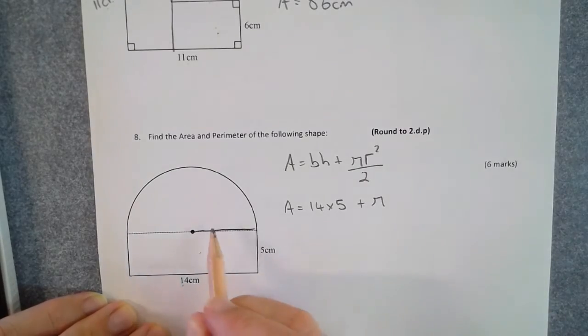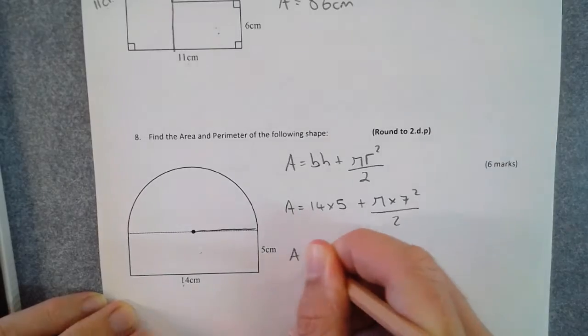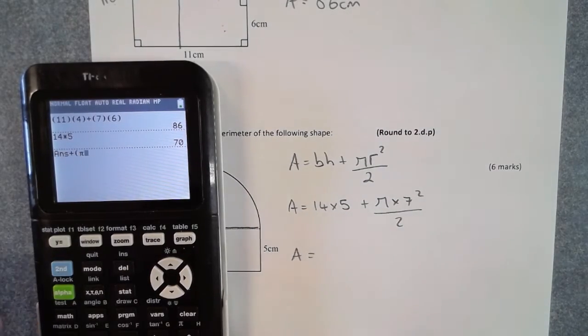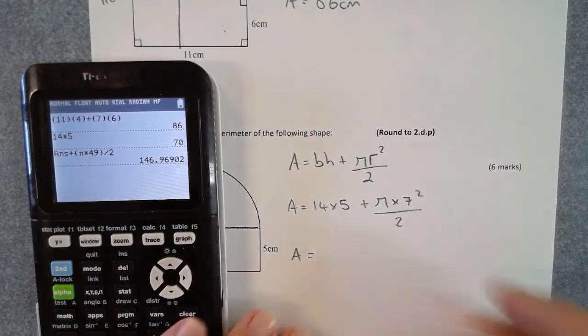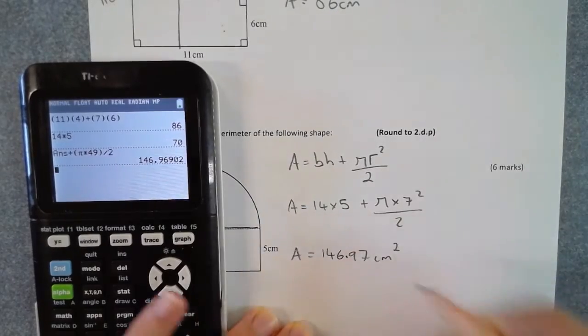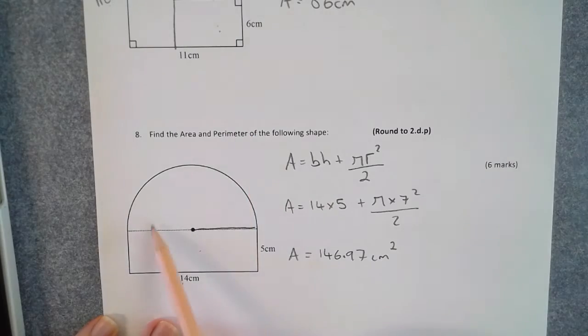Well, if that's 14, it must be 7. And we put that into our calculator. So 14 times by the 5, and we're adding, we're doing brackets, pi times the 49, which is 7 squared, which is then divided by 2, and we get 146.97 squared centimetres.